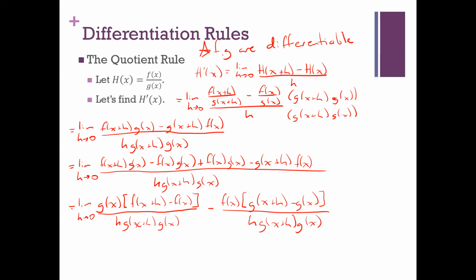One thing I'm doing now is this. I know that I can pull out, I'm going to factor out this 1 over g of x plus, or actually I need to keep the limit with it.